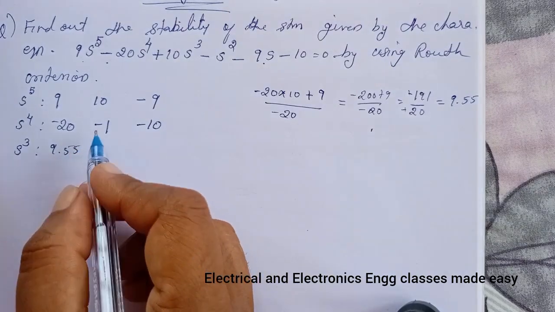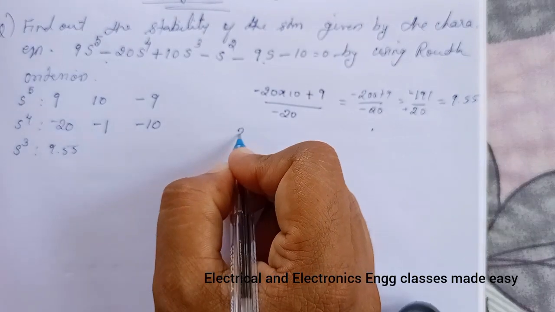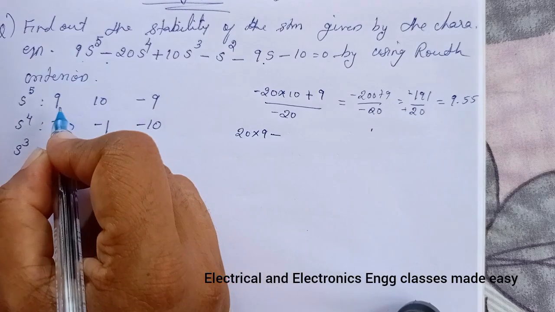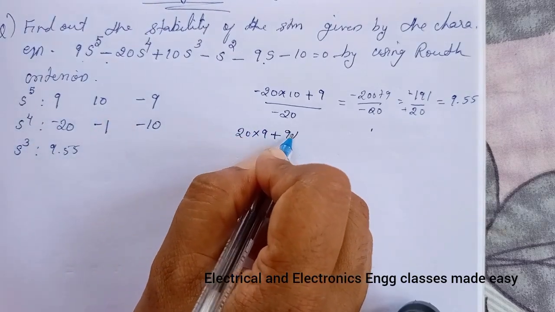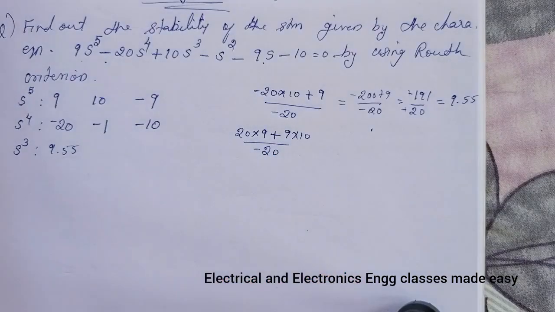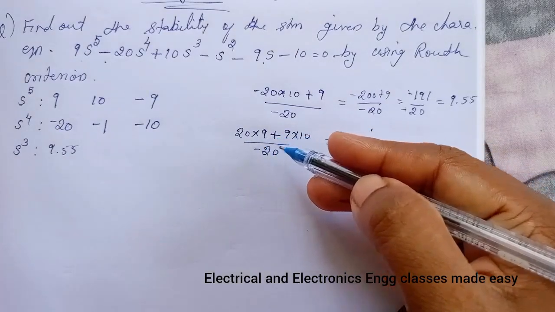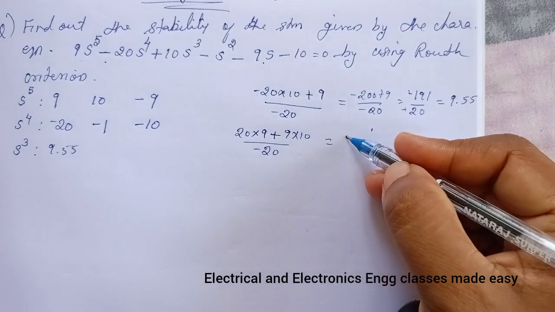Next element is obtained like minus 20 into minus 9, that is 20 into 9, minus 9 into minus 10, that is plus 9 into 10, divided by minus 20. Here this 9 can be taken outside.